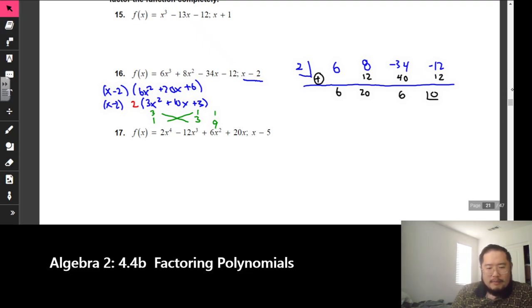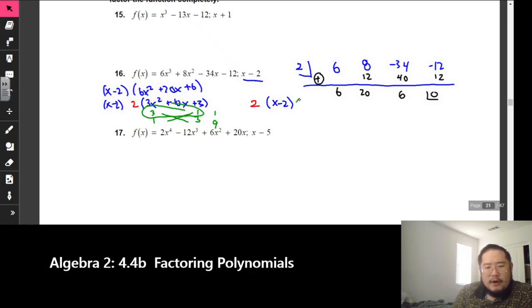So now we can go ahead and put everything together. I'll do a little reorganizing too. Since we factored out the 2, I'll put that out in the very front. And then we had our binomial, x minus 2. Now we're going to deal with the stuff in green. Remember, I've got to go straight across when I write my binomial.